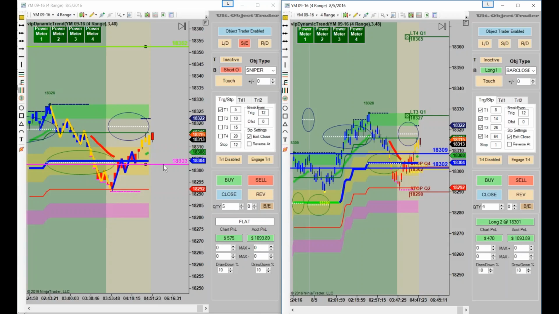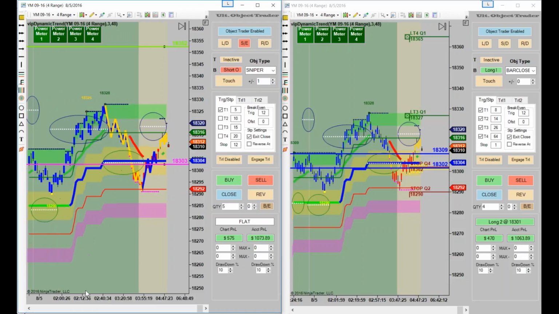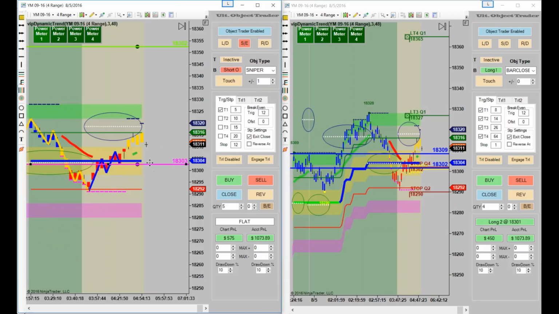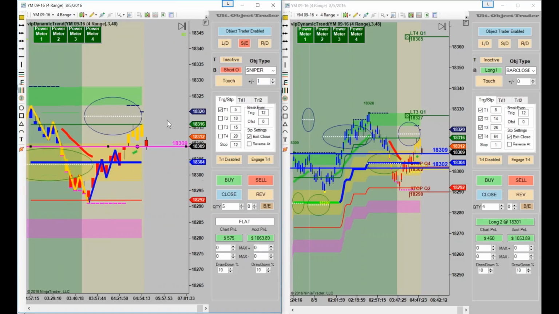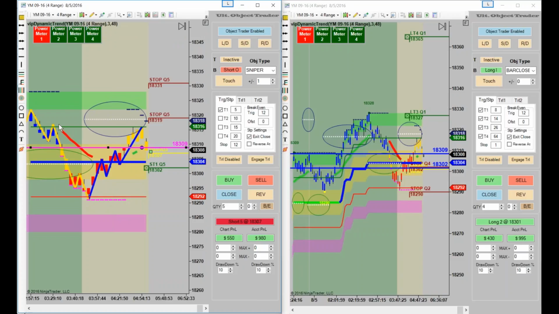See if we can get one. We'll do touch plus one. Little consolidation double top there. There we go. We got our counter trend trade.